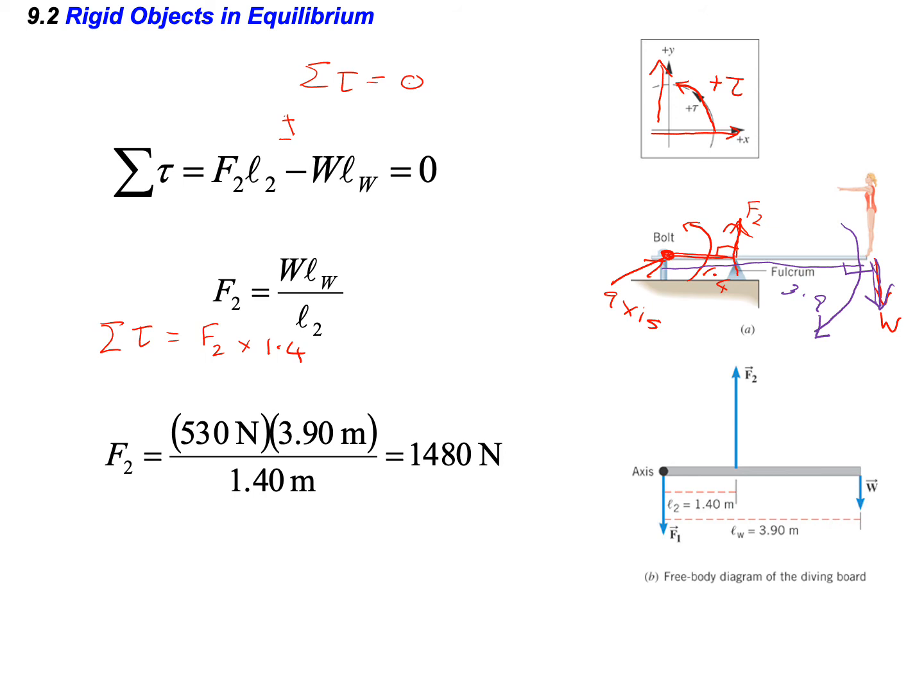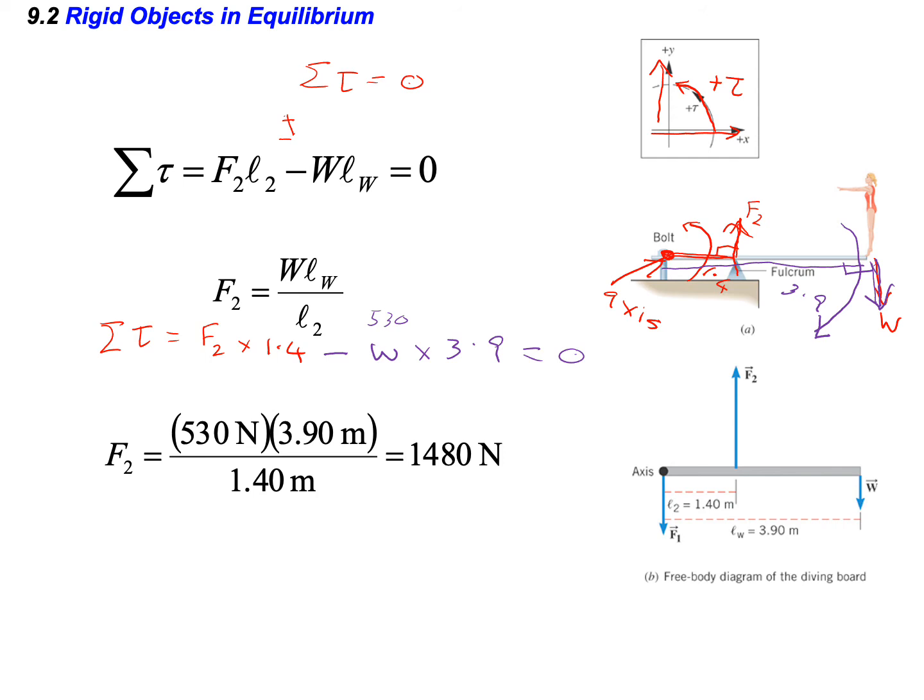So that's why you have a negative: negative W times 3.9, which is equal to 0. So if you solve F2 times 1.4 minus W, which is 530, times 3.9, equal to 0, you can solve for F2, which is 1480 newtons.